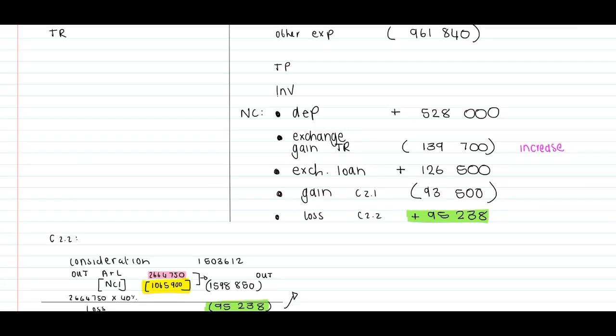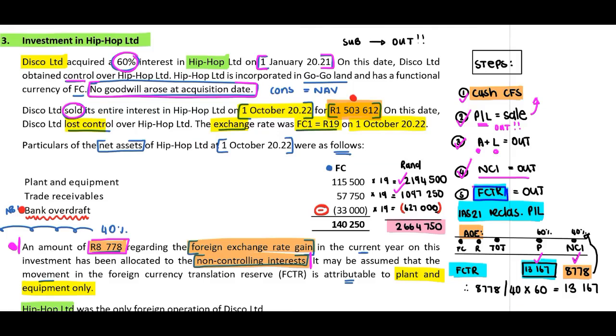It's our calculation number 8, our FCTR, calculation 8. We need to add this back, therefore 52767. We need to add back. Therefore, this will increase our expense account. When we now look at this, we have completed all of our steps.